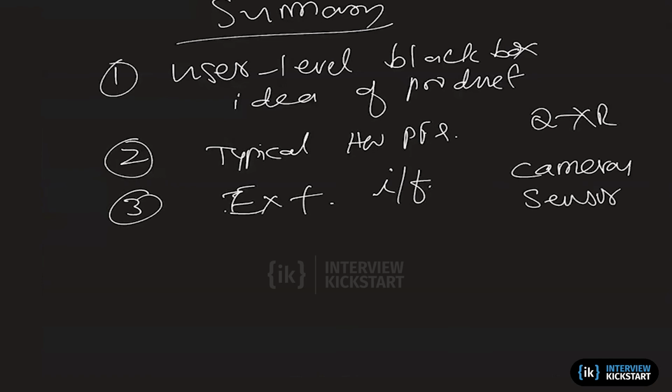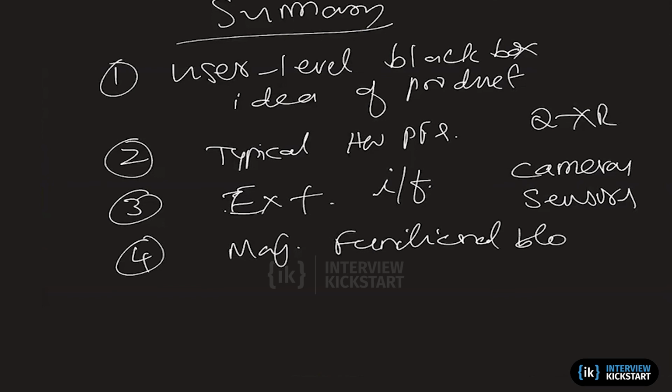Cameras and sensors. You don't have to be specific about which sensor the Oculus has and so on. You can use your judgment to say, okay, it will have an accelerometer, gyroscope, and so on. Then you talk about the major functional blocks, and then mapping to hardware elements.